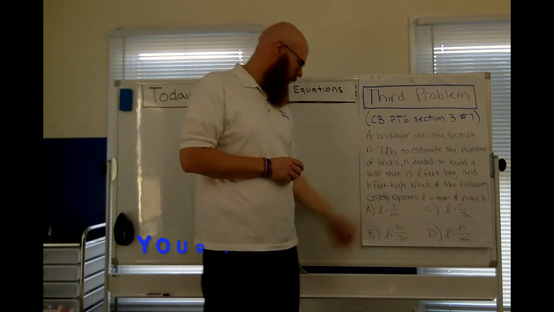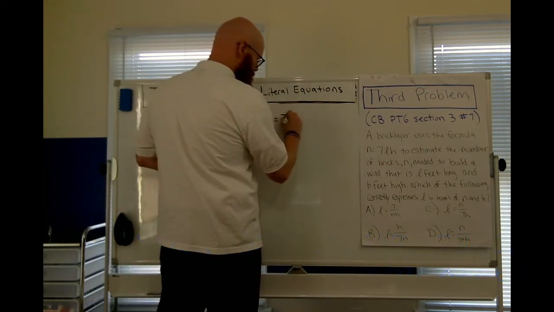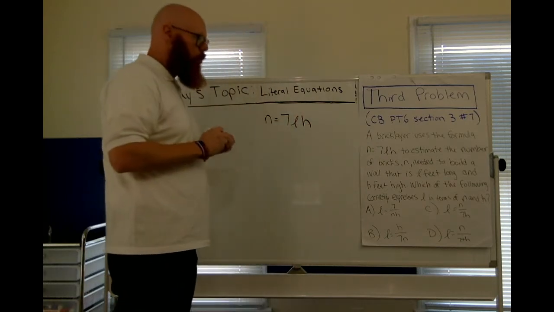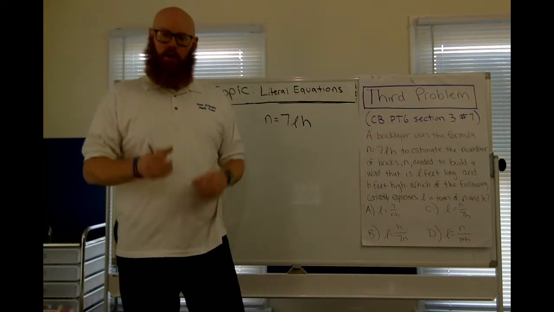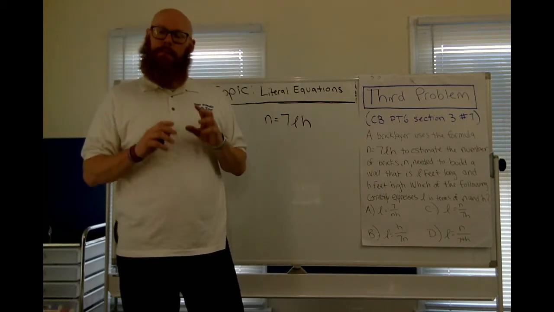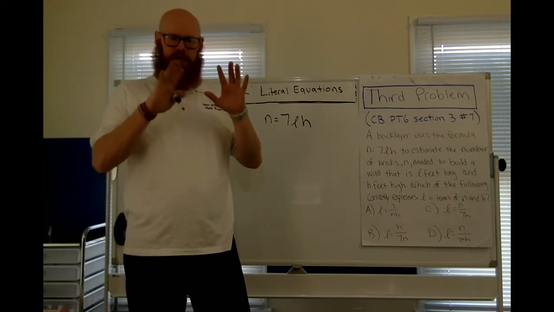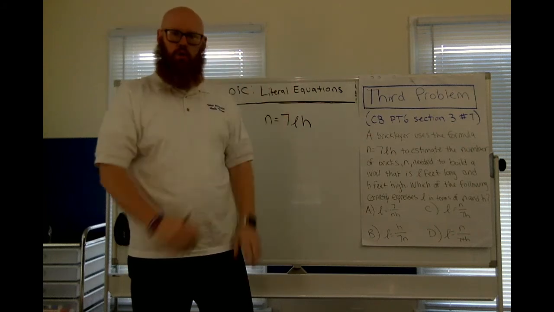And I see one right here. So n equals 7LH. So this is an example of where you won't have an equation right away, but you got to be on the lookout, and when you see a paragraph, before you read the whole thing, I want you to just skim real quick. Get good at noticing an equation, and just zoom in on that.